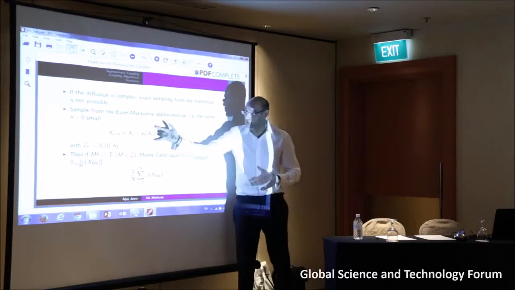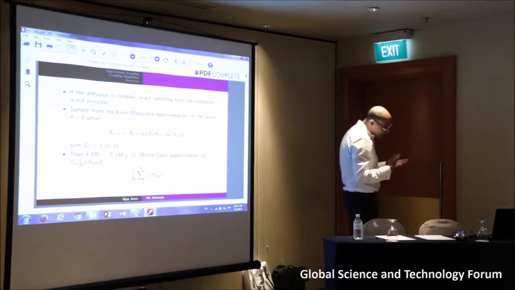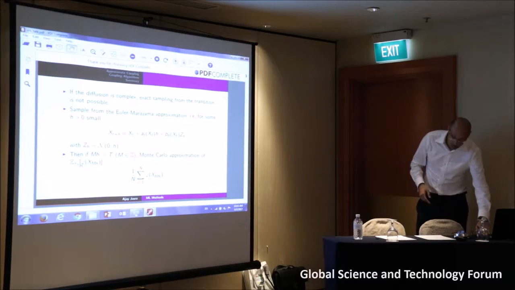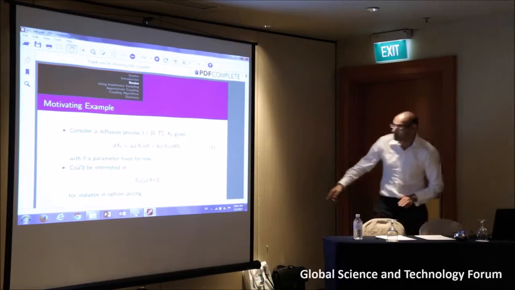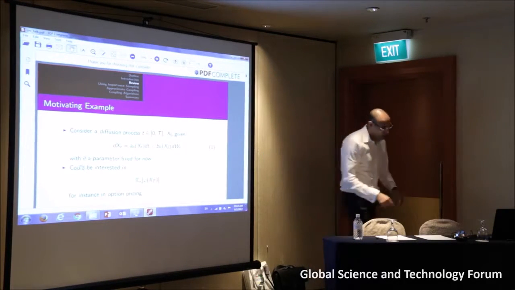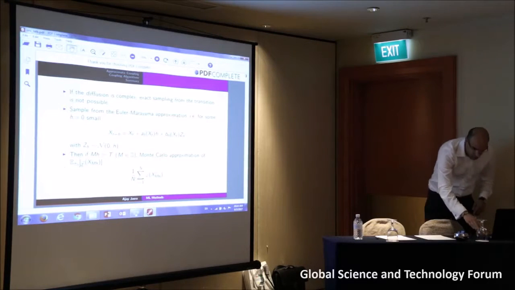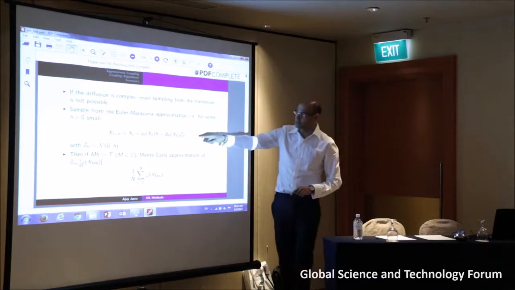So you can simulate this process, and if you wanted to approximate this expectation, all you need to do is generate capital N samples through this system.